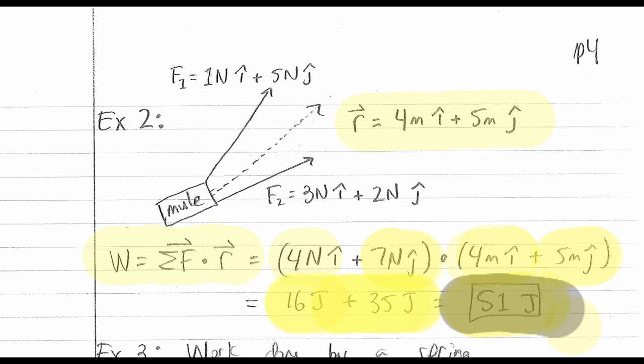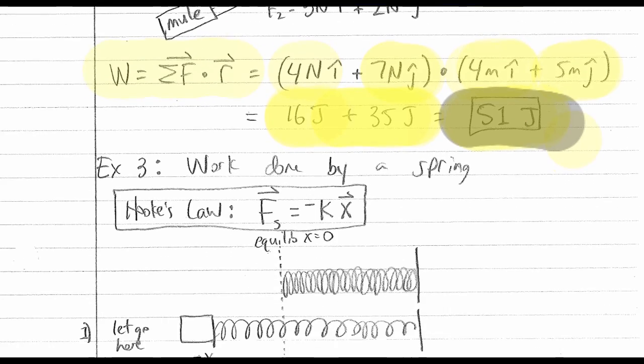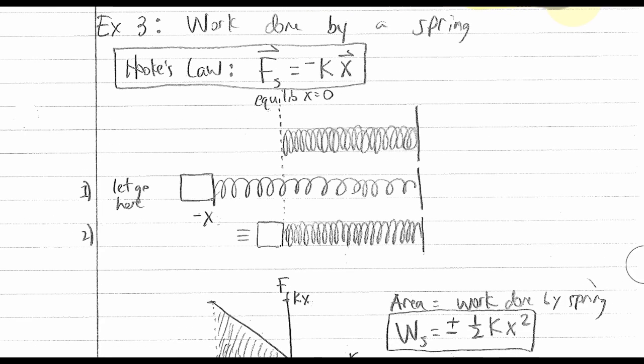Let's do another example right here: work done by a spring. The trick on this one is that we do have a changing force. Hopefully from last year you are acquainted with Hooke's law.